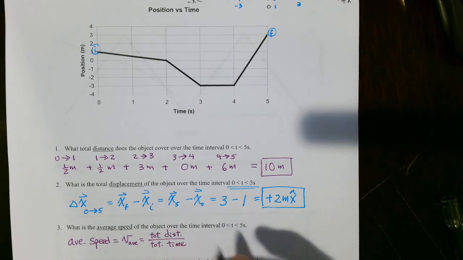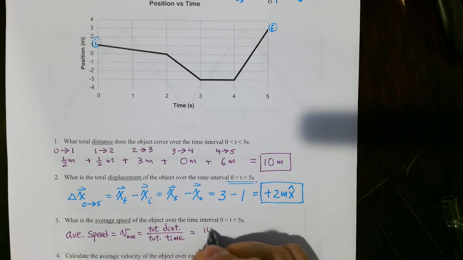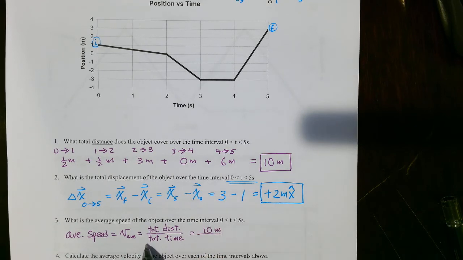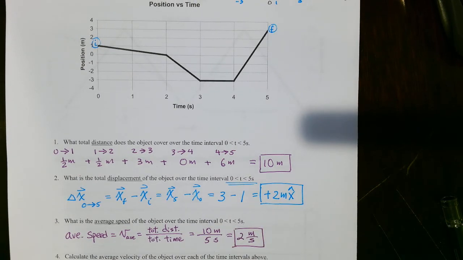Well, we already know the total distance from 0 to 5 seconds. That total distance happens to be 10 meters. Total time of travel from 0 to 5 seconds is 5 seconds. Therefore, 10 divided by 5 is 2 meters per second is my average speed. Okay?